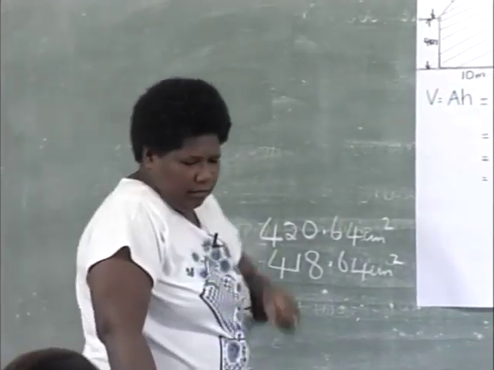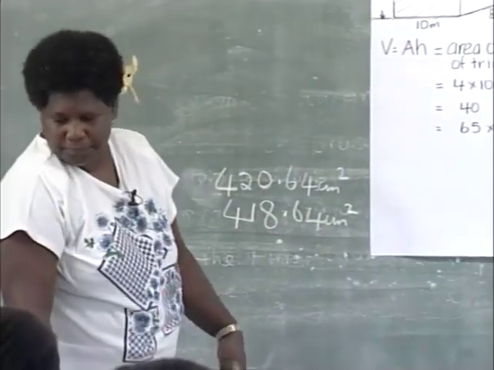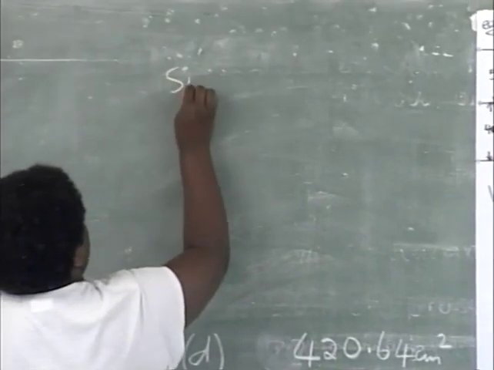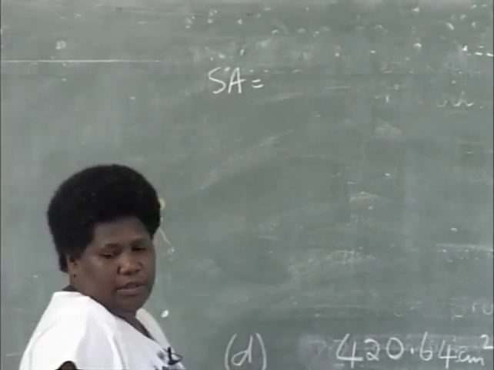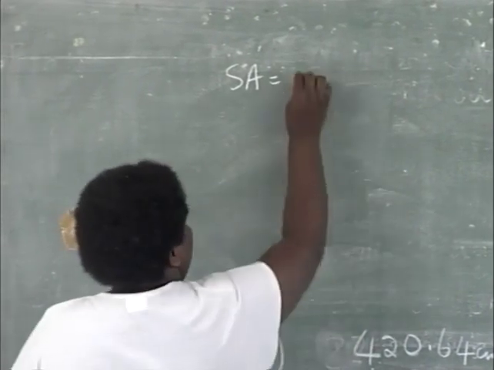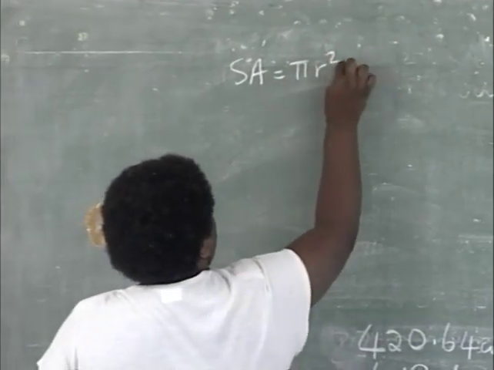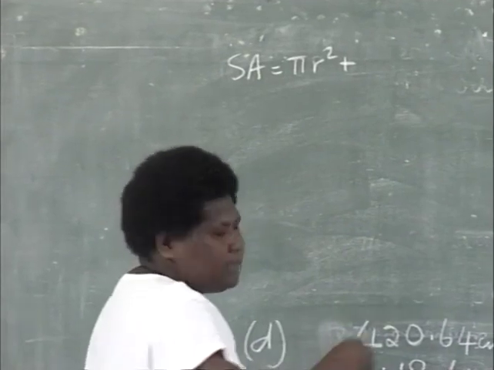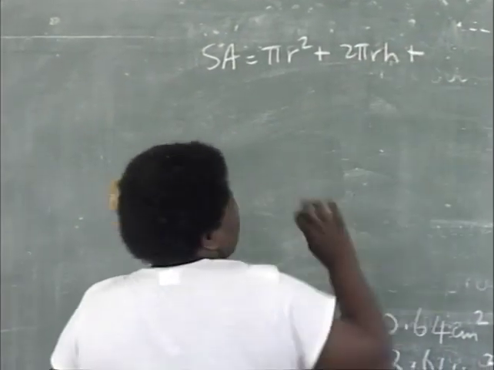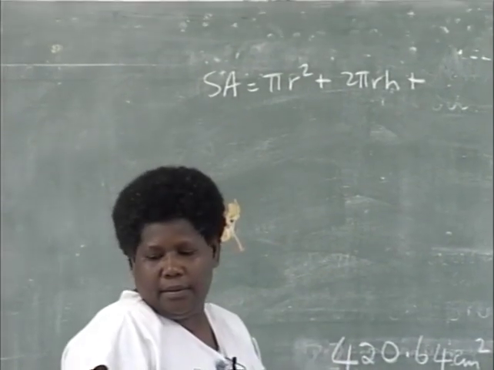Okay, let's see. The surface area is equal to, because it says it's a closed figure, pi r squared, which is the area of the base, plus 2 pi r h plus pi r l.